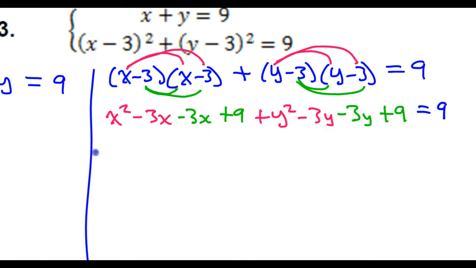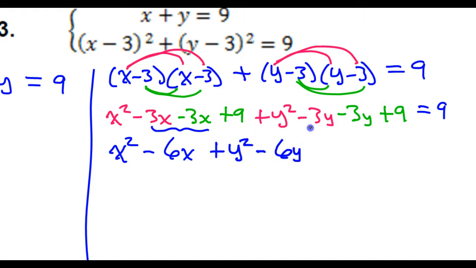So I do have some like terms here. Now I have x squared minus 6x, I'm just putting these together, plus 9. As long as I'm combining like terms, I think I'll save the 9 to put with the other 9. Looking at the y's now, I have y squared minus 6y, putting these together.